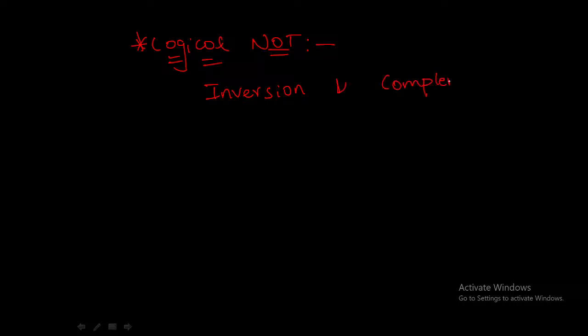The NOT operation is indicated by a bar over the variable. So if we have an input A, then NOT of A is nothing but A bar. If A is a variable, then NOT of A is represented as A bar.